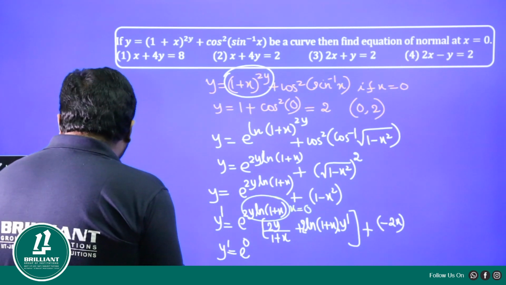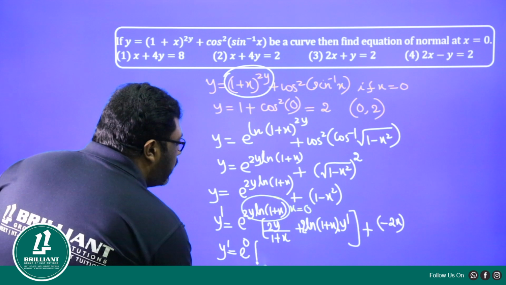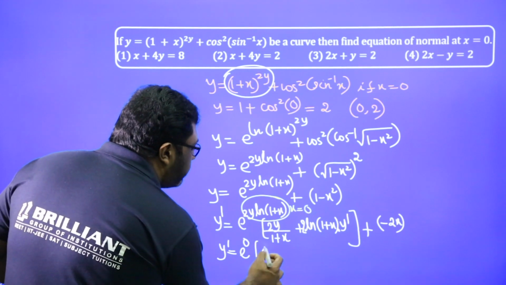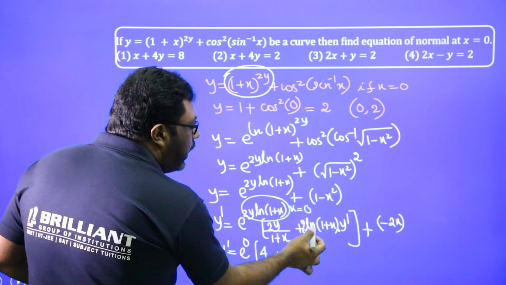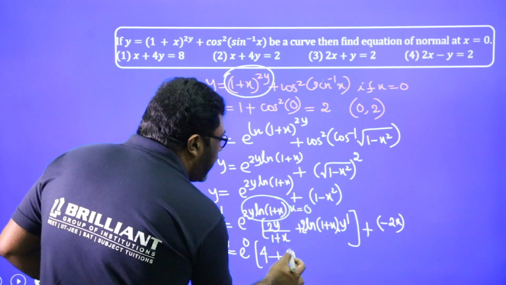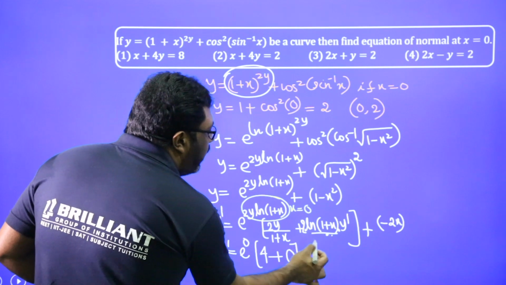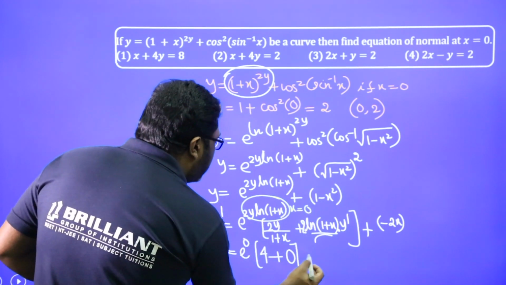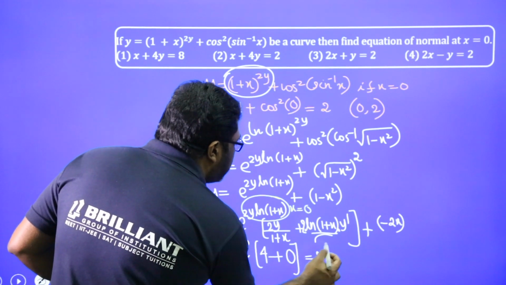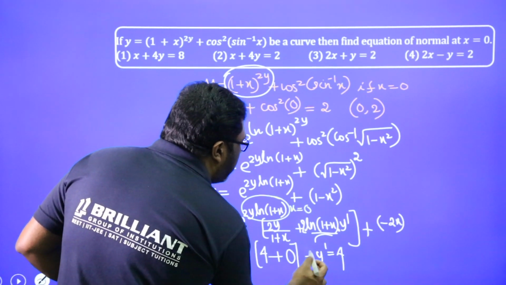Okay, after that, what happens to the remaining term? 2 into 2 is 4 by 1, 4 by 1. The remaining one, again you will have a 0 over here because you have ln of 1 plus x, which becomes 0, and the last term is also 0. So clearly y dash is equal to 4.